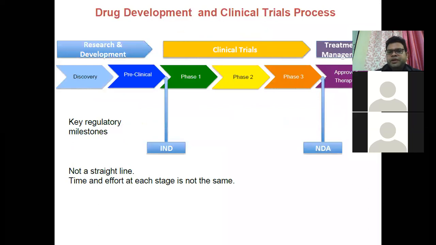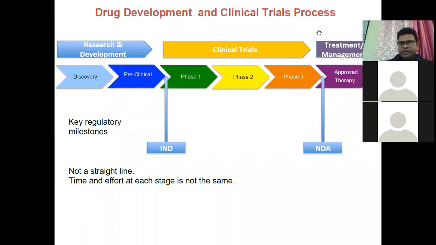So, the drug development and clinical trial process. This process is basically applied in 3 phases, as you all know. If I'm wrong, please correct me. The first is research and development, the second is clinical trial, and after that, treatment management.